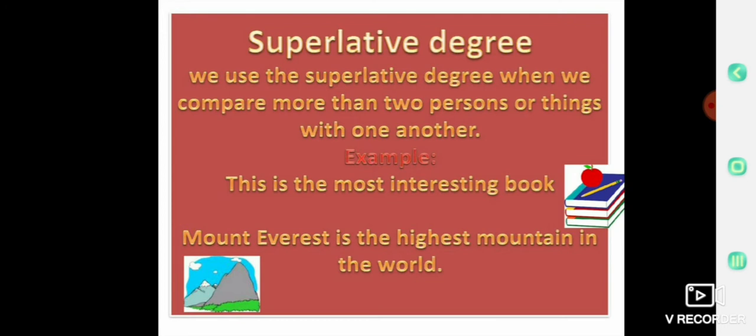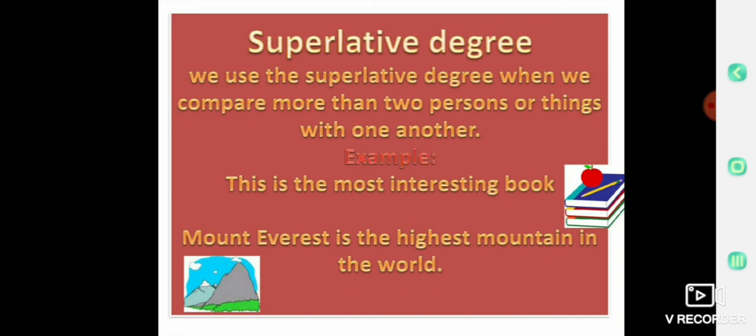Suppose there are two books, so we have to use comparative degree, and that time we should write more interesting. But when you are comparing three or more things, you have to use superlative degree, and with the word interesting you have to add most before it. So there are rules where to use most and where to add a suffix to the word.